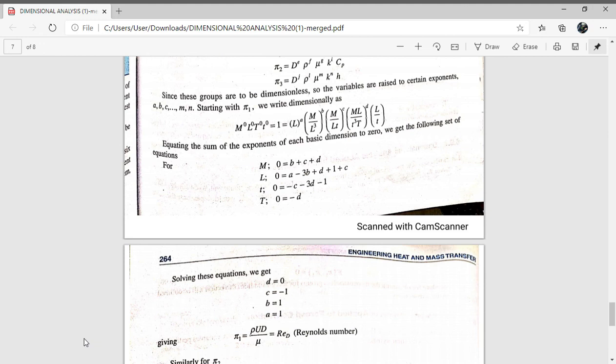And if you equate the powers, left side all the powers are 0, right side there will be some powers. We'll get 4 equations. If we solve the 4 equations, we can find out what A, B, C, D are.